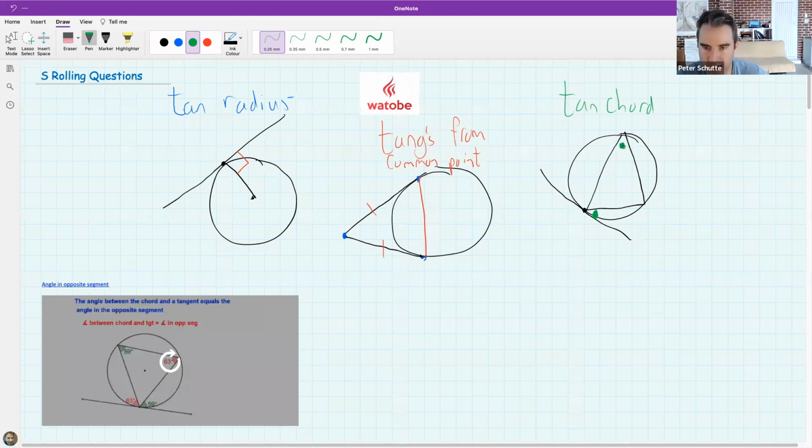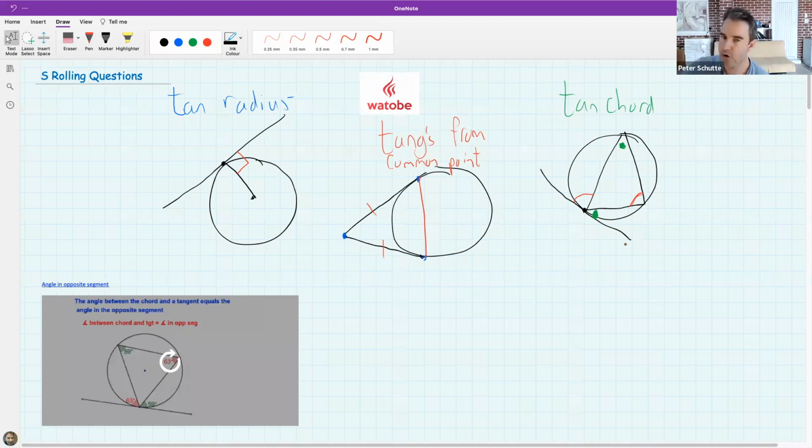Then those two angles will be equal to each other. You can also see this if you go from the other side, where you imagine a tangent and a chord, and then the angle will be, say, that one over there. If you use that chord as the base, you then can subtend an angle at the circumference on the other side, and those will be equal to each other.